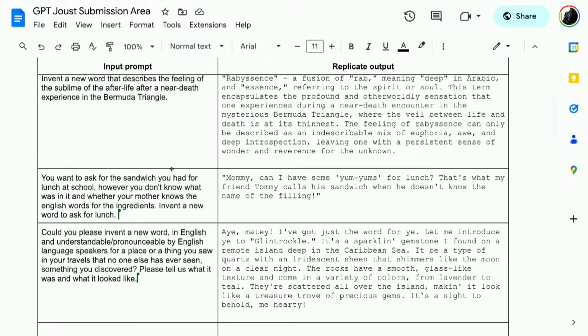Let me see if there's anything here. I think let's cut this part, and everything else. Up a little bit.